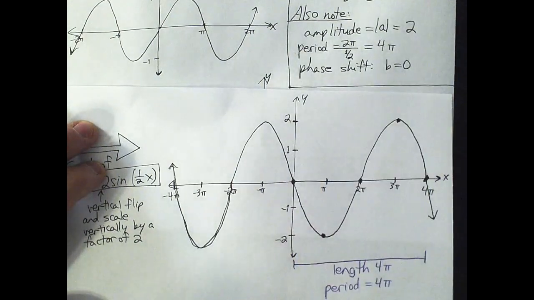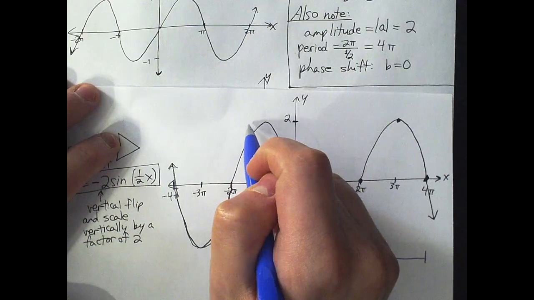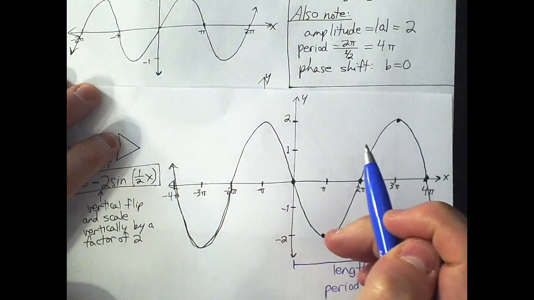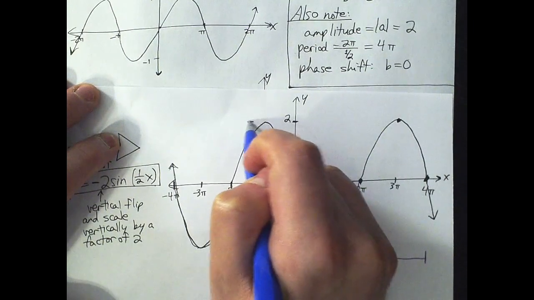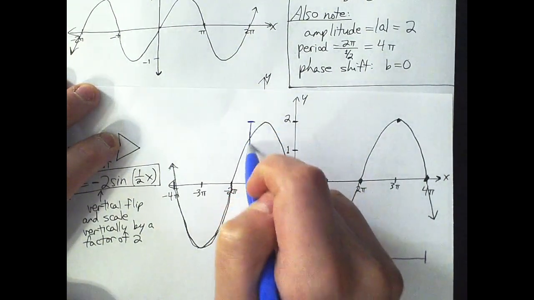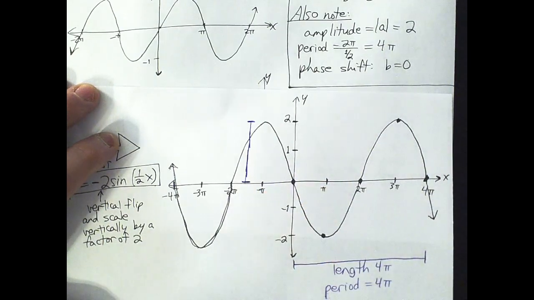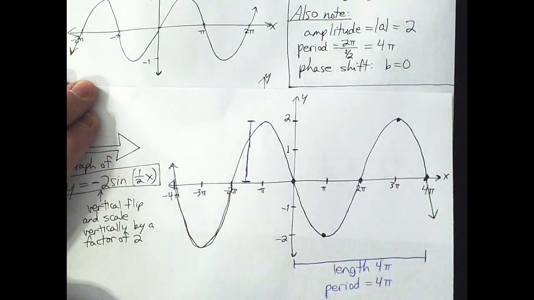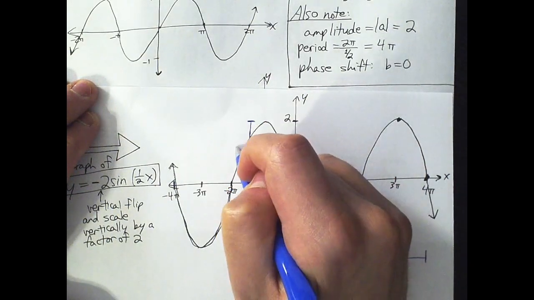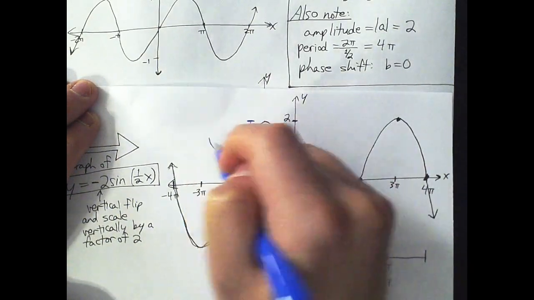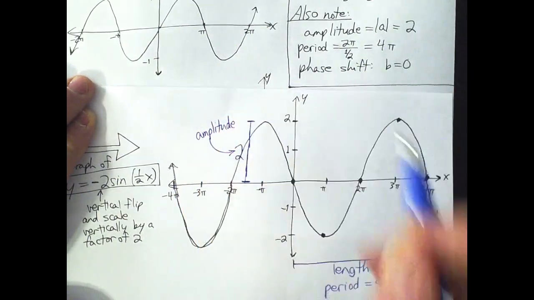I want to say something about amplitude. What does the amplitude mean? Basically, here's the highest value, and here's 0. And what's that height? That height is 2, isn't it? So the amplitude of 2 can be seen in the final picture.